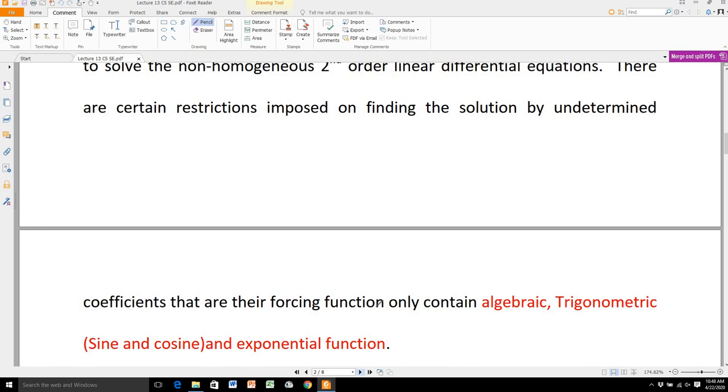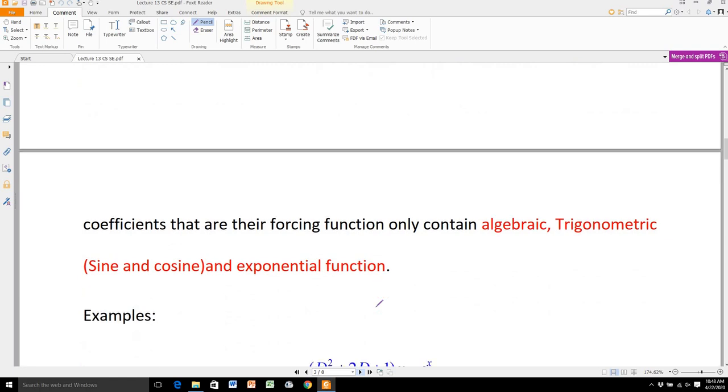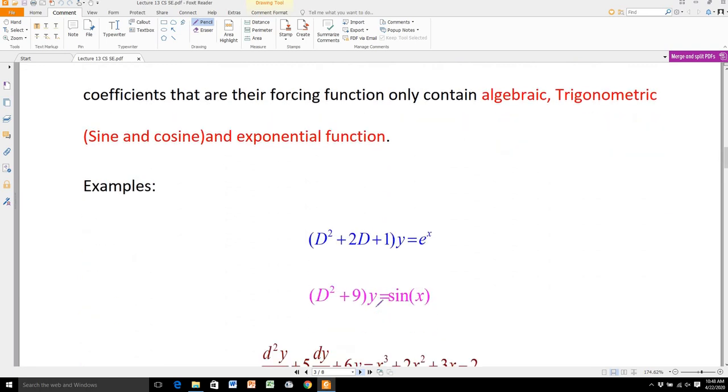So far the forcing function contains only algebraic terms, trigonometric terms, in which you see only sine and cosine, and the third one is the exponential function.